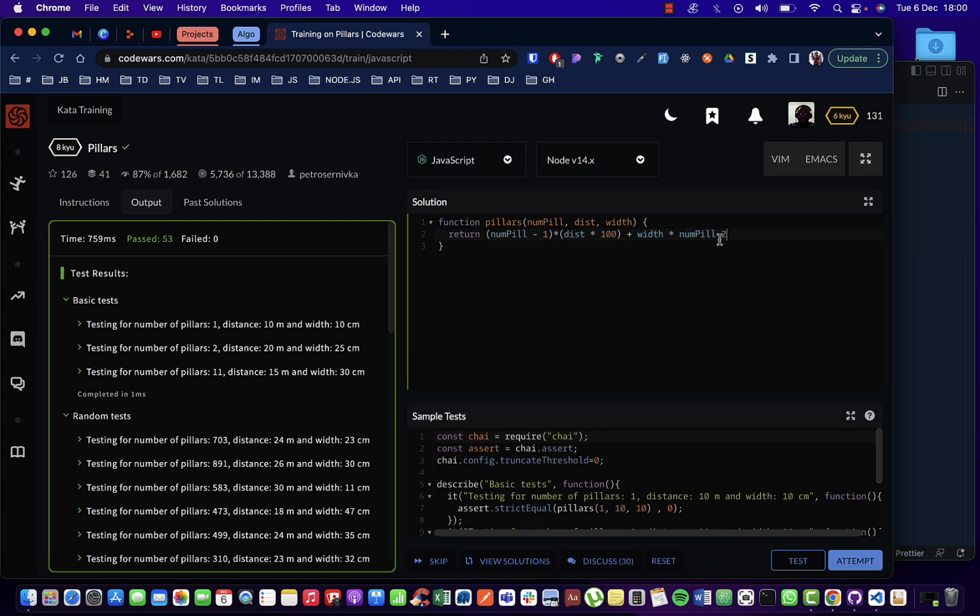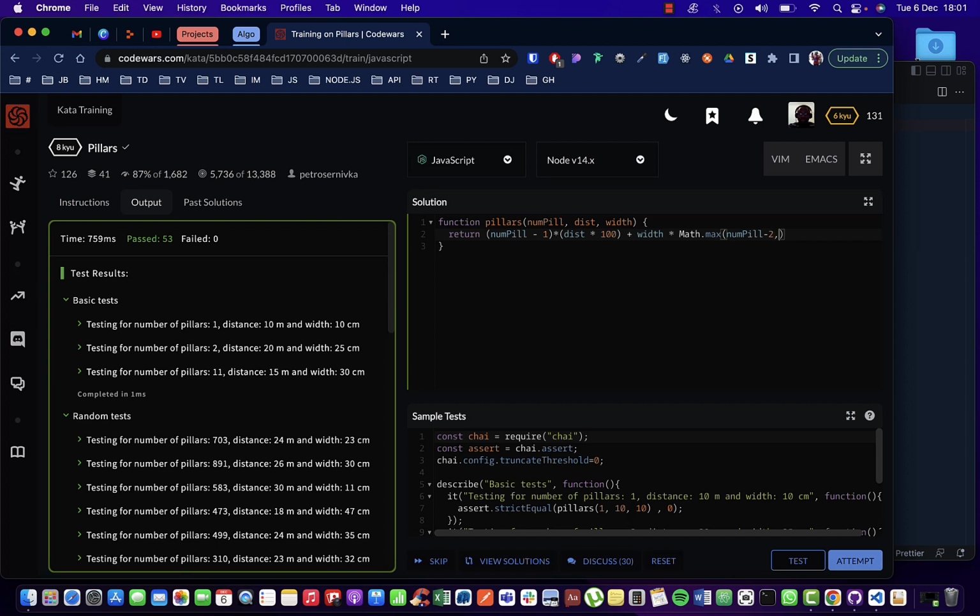But now we have a problem, because if we have 1 pillar, it will be 1 pillar minus 2, which is minus 1, times width, and we're going to have a negative width. So what we may need to do here is to use Math.max. What that means is we are going to pass 2 values, and we'll say find the maximum of the 2 values.